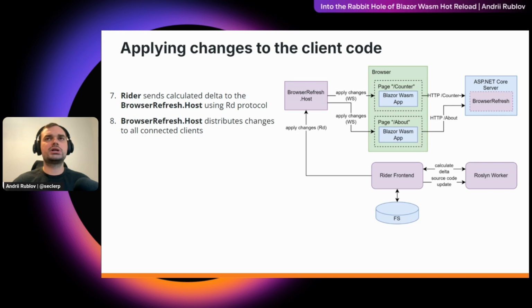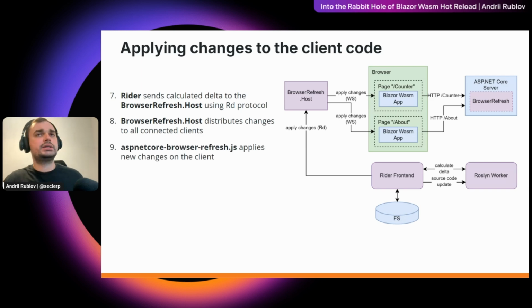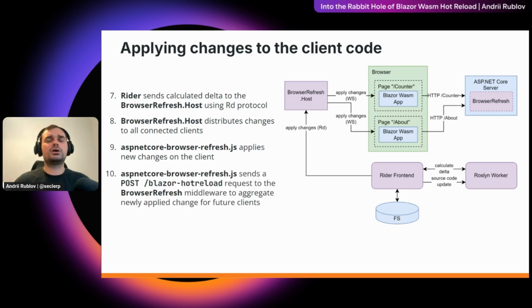Then the browser refresh host distributes the changes to all connected clients. Then the ASP.NET Core browser refresh script applies new changes to the client, to each client actually, and also sends a post Blazor hot reload request to the browser refresh middleware to aggregate newly applied changes for future clients.